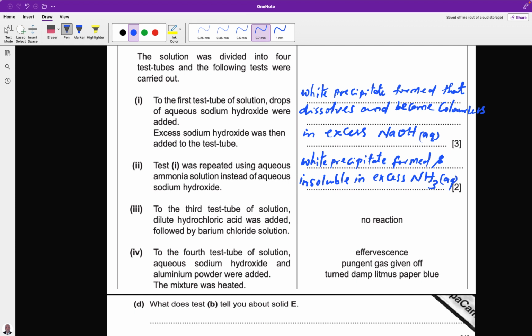In excess aqueous ammonia. So white precipitate formed and insoluble in excess aqueous ammonia.